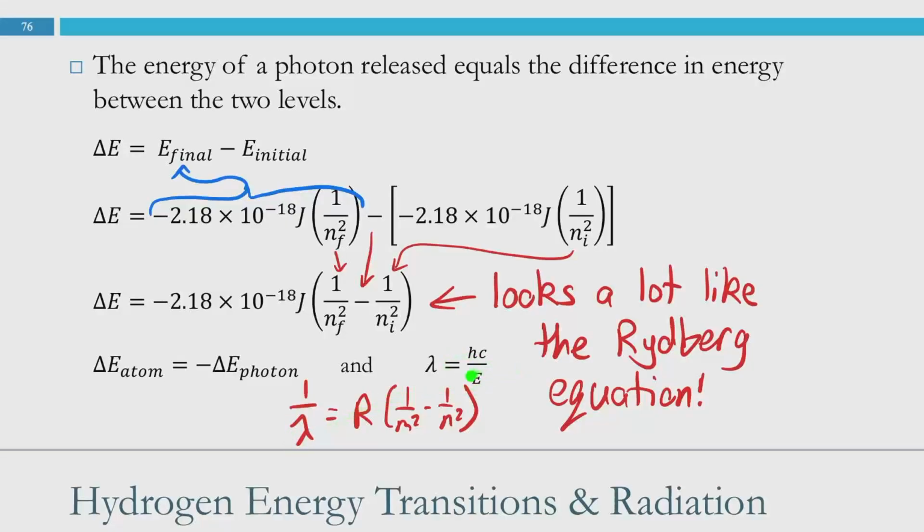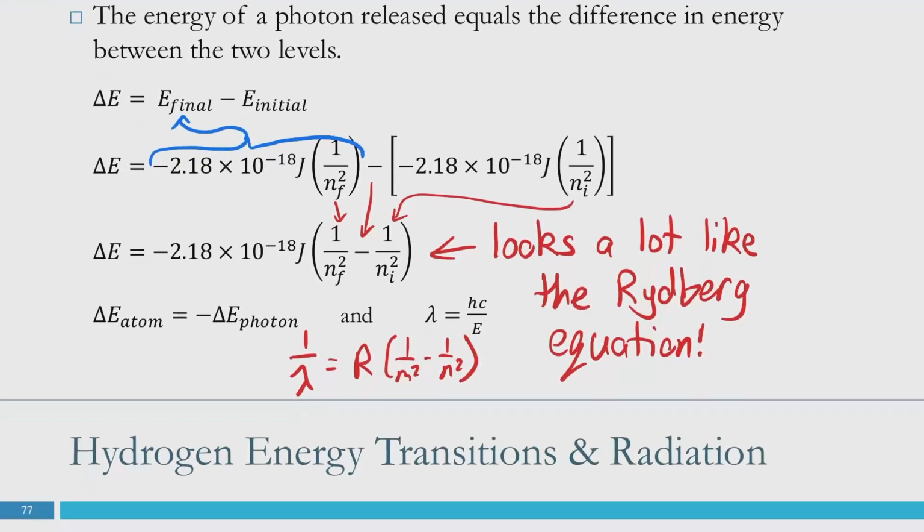Wavelength is related to energy, so you could probably do some substitution here. And then m squared and n squared, we're just talking about two different states. So Rydberg was pretty close to right on, just didn't necessarily have all the pieces or all the explanations.